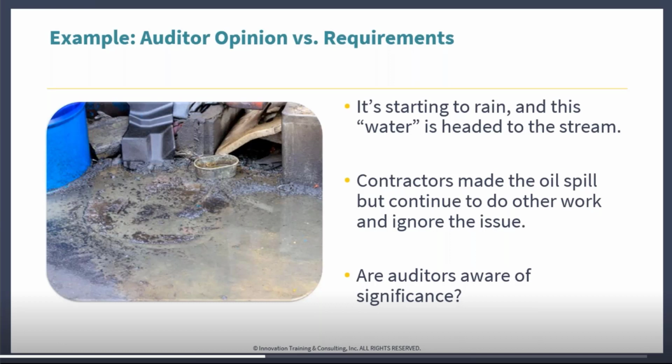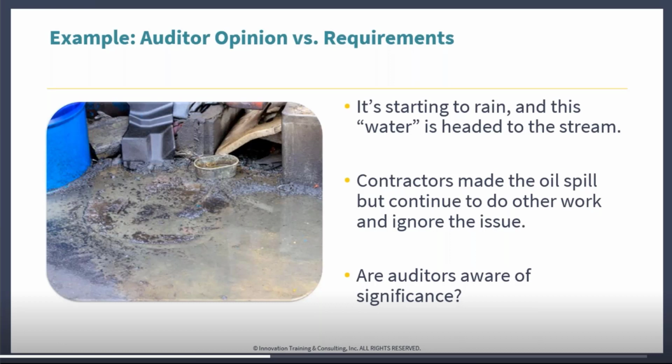The auditors I was witnessing at the time also did not recognize what was going on. The environmental manager would have completely stopped work and contained this. In fact, it was something that required reporting to regulators. It was a mess. But the auditors just didn't really know that this was a problem.